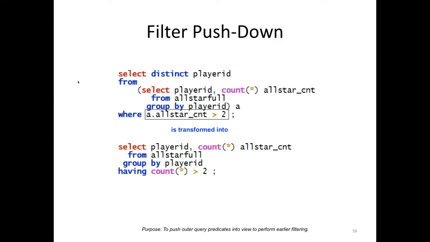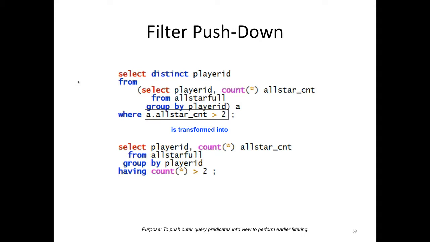Another good transformation for you to keep in mind for how you write things is the one shown here. Again, we have an inline view. In this case, it's doing a group by with a count. And then on the outer query, it is saying, after you've gone through and grouped up all of the data and got my counts, I only want to return rows from that list where the count is greater than 2.